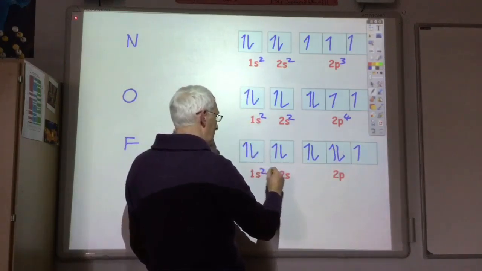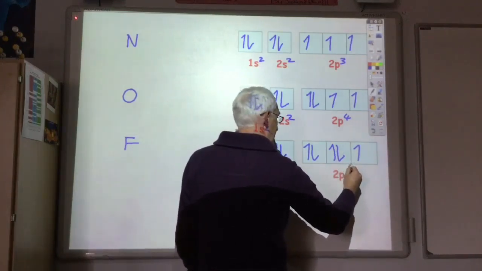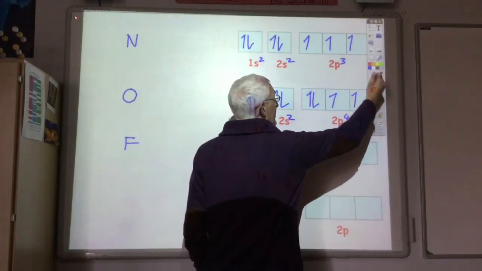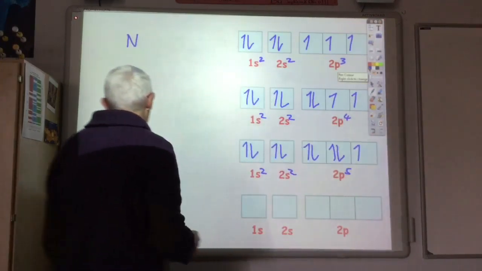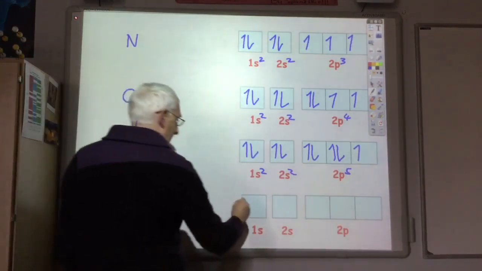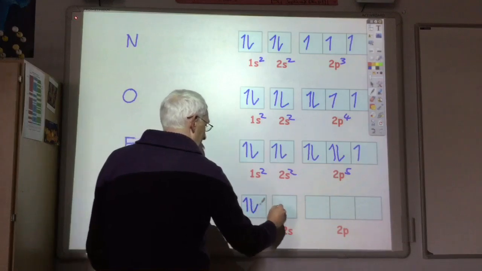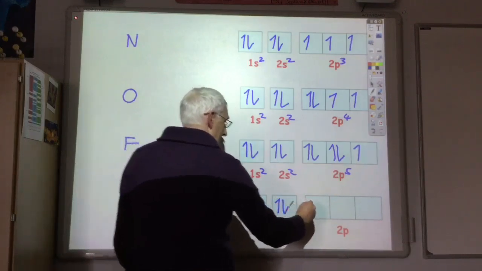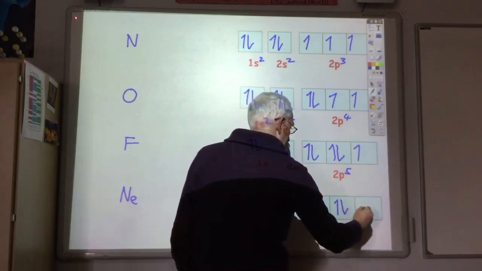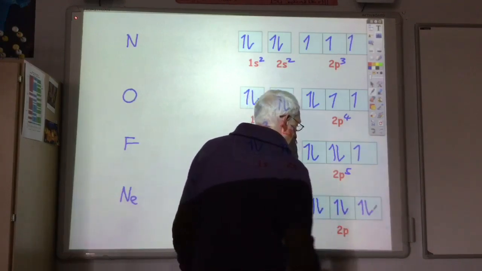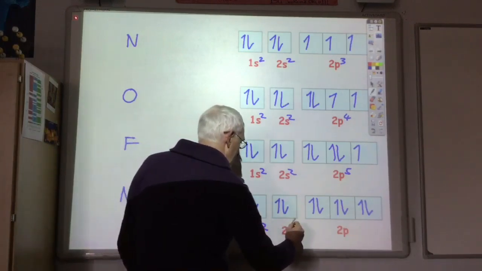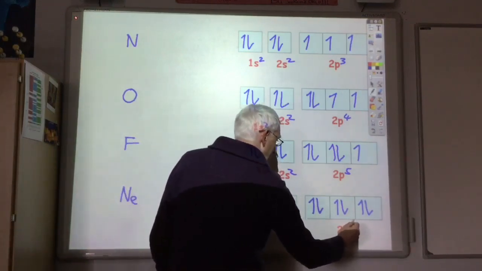So it's 1s2, 2s2, 2p5, and just to complete that period, we then have neon with its 10 electrons. And as you'd expect to be neon, it's got full energy levels, 1s2, 2s2, 2p6.